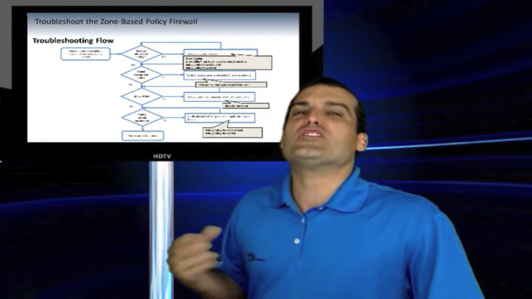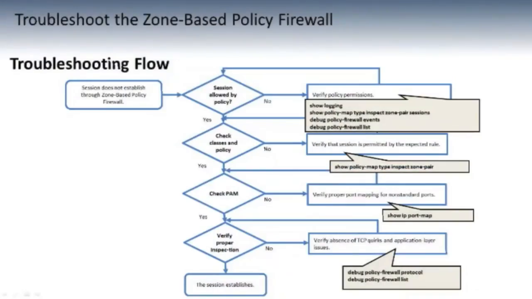So what I wanted to leave you with was this: a troubleshooting methodology that you could use for these zone-based firewalls. For instance, you think you've done everything right, but lo and behold, you can't establish a session through your zone-based firewall. My goodness, what could it be?